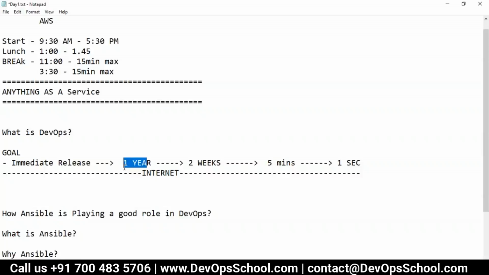Nowadays, just imagine, 99% of the time a typical computer user uses internet-based applications.